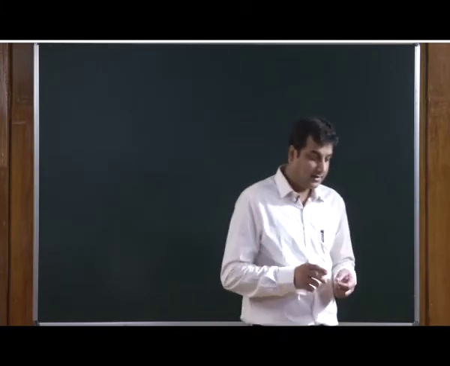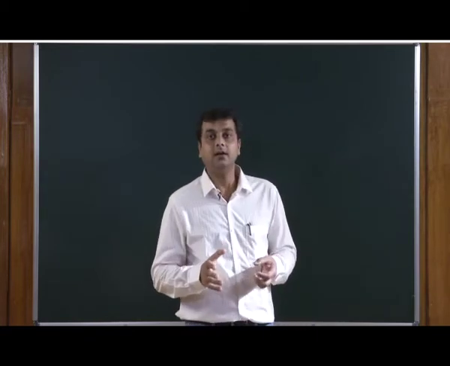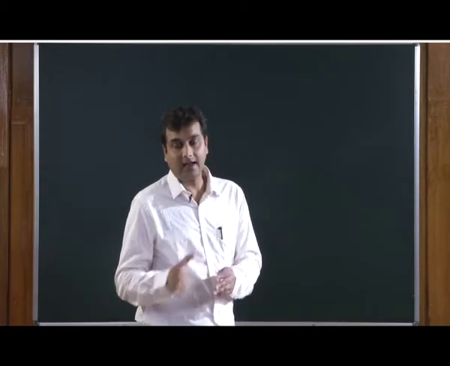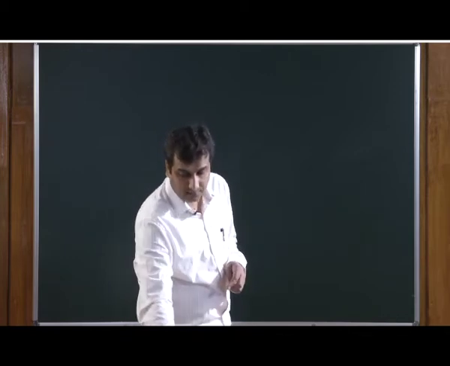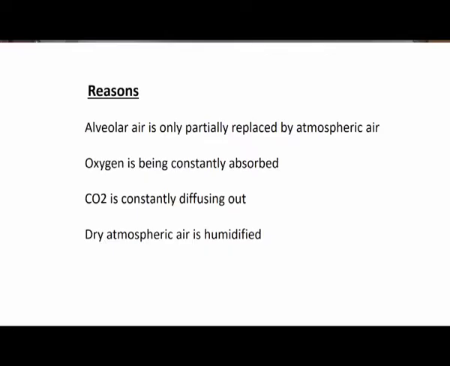Having said that, the differences between atmospheric air and alveolar air have certain reasons, and some of them are highlighted in this slide. Alveolar air is only partially replaced with atmospheric air.